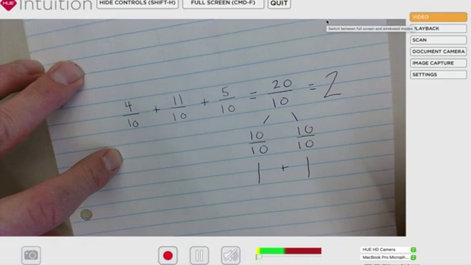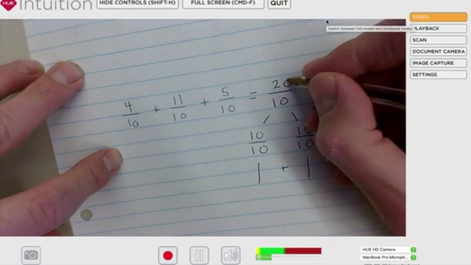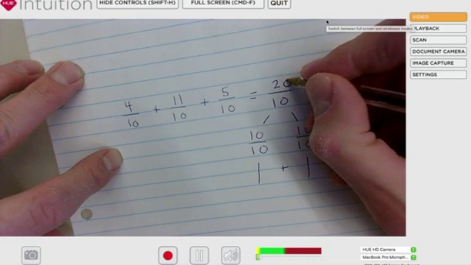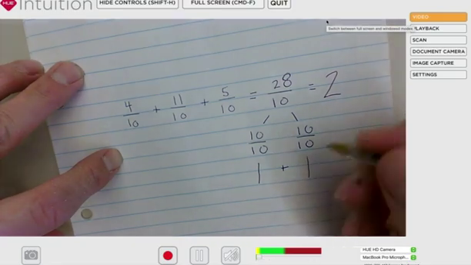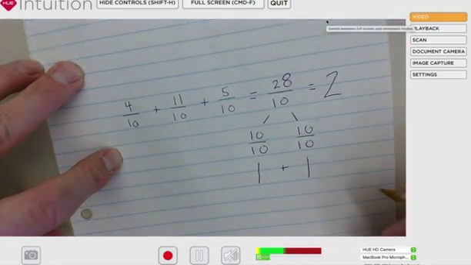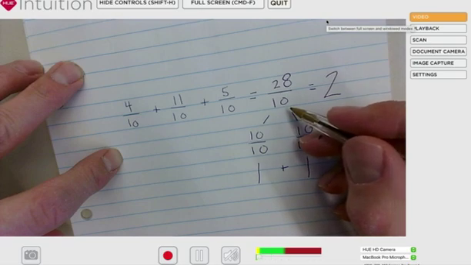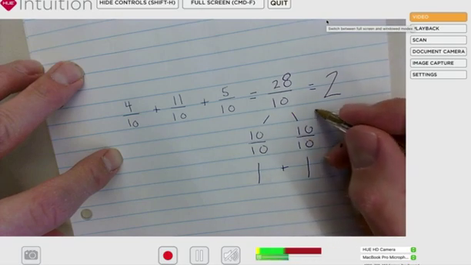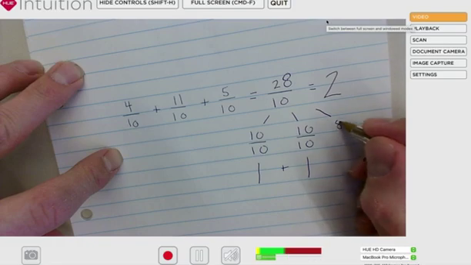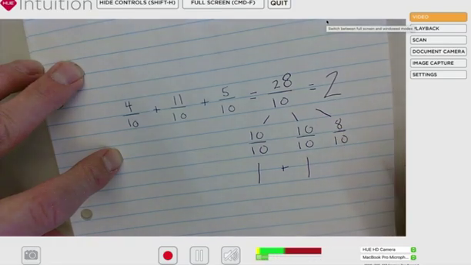2. Now, let's imagine that instead of 20, it was 28. Go ahead, write it in there. Then we would pull out a 10/10, another 10/10, which would be 20. And are you serious, Mr. Brown? And then another 10/10, which would be 8/10.